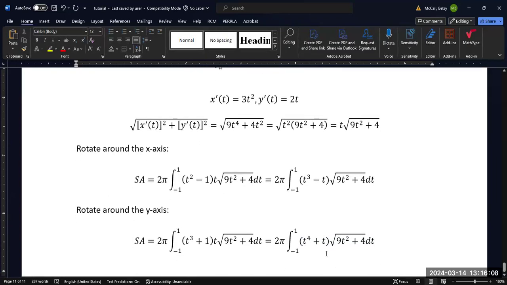Again, if you just do the t term times the square root of 9t squared plus 4, then this part is just u substitution. But t to the fourth times the radical, in this case, is not integration by parts. You could do one step of integration by parts, but then you would get stuck.